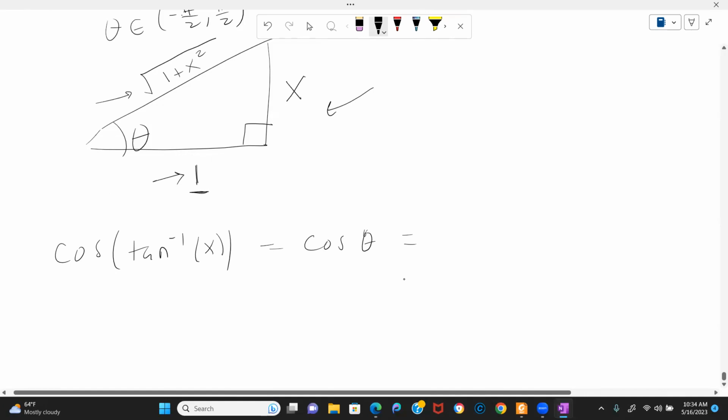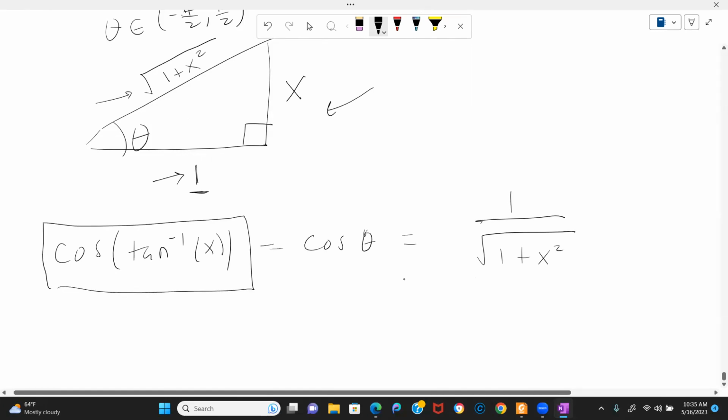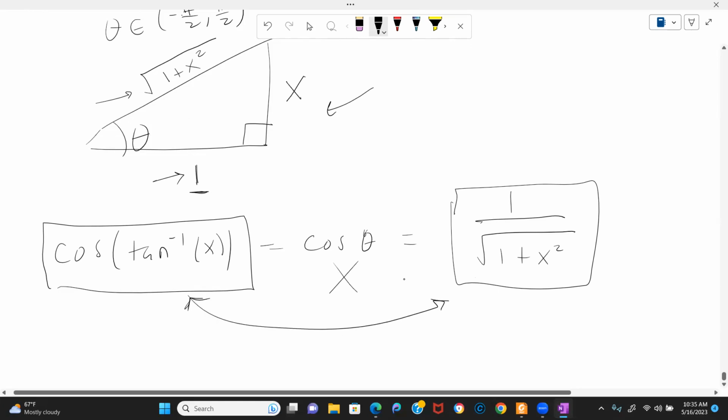So 1 divided by the square root of 1 plus x squared. So cosine of tan inverse of x is equal to this. You don't need the intermediate step anymore. This is the identity that you want, that this thing right here is equal to this thing right here.